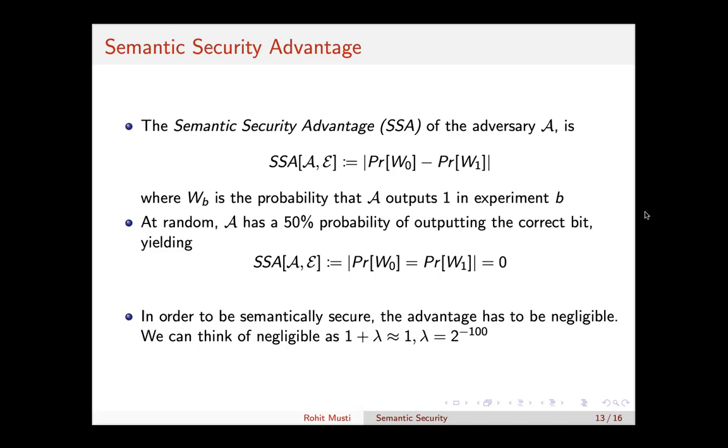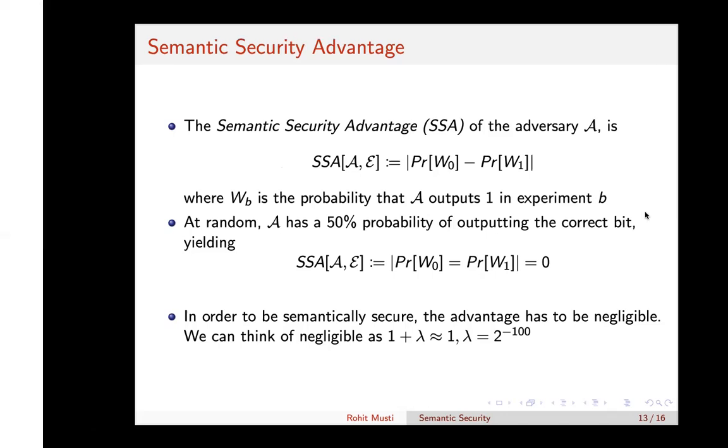So we'll take a minute and think about these concepts: the probabilities, the concept of what is negligible, and experiments 0 and 1. I'm going to pause here for 1 minute and keep an eye on the chat, listening for any questions.